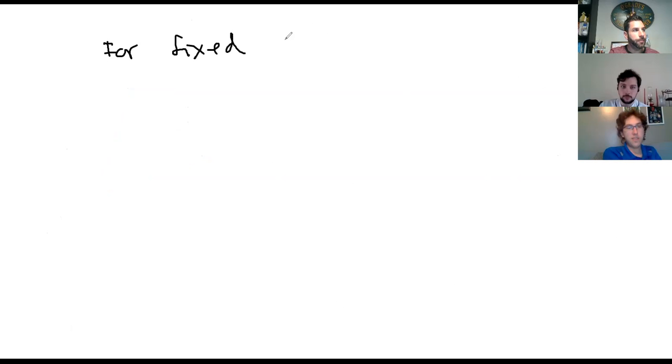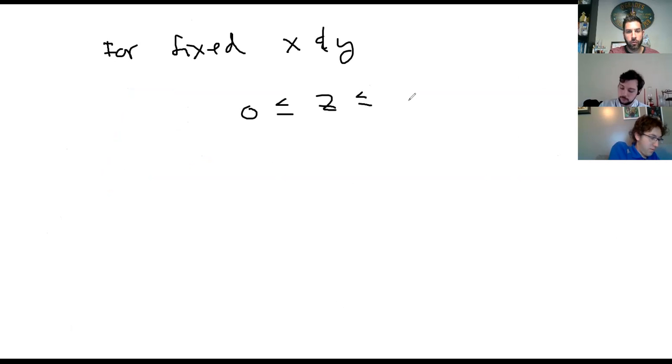For fixed x and y, z is always greater than or equal to 0, and it's always less than or equal to 6 minus 2x minus 3y. I got that from the equation.